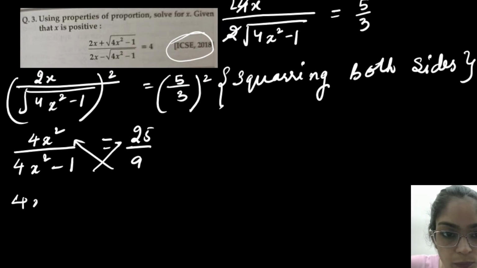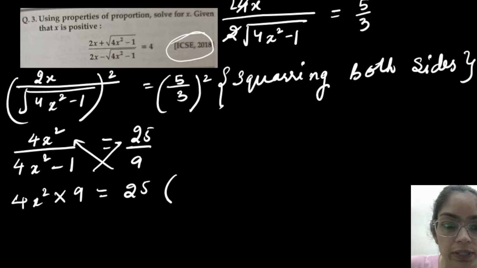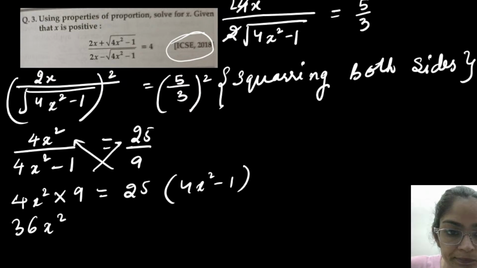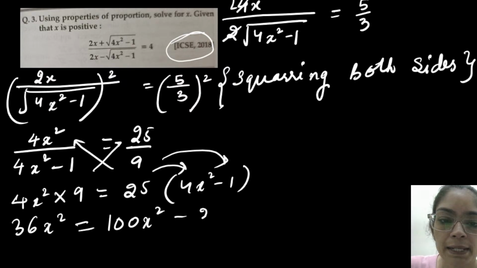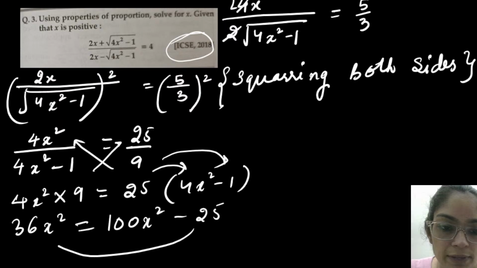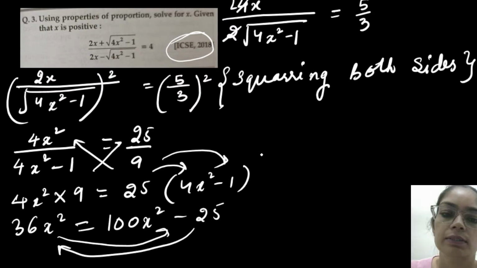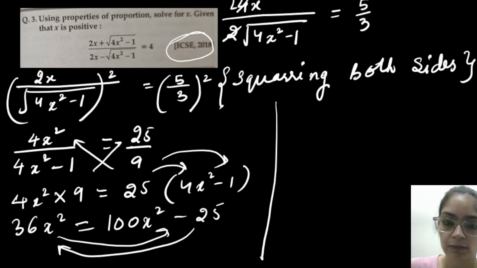So 4x square into 9 is equal to 25 into 4x square minus 1. This will become 36x square is equal to this. If you multiply, you have to multiply both terms. So 4 into 25 is 100x square minus 25. Let's write like terms together. I am shifting 25 to the other side and 36x square to this side, because 100x square and 36x square are like terms.